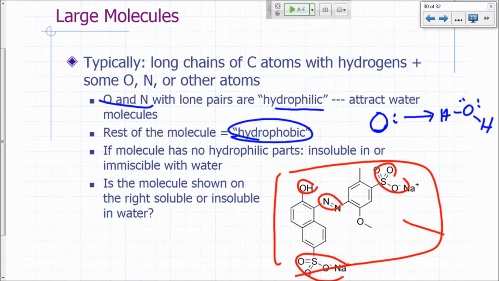And I think at some point in your life you've ingested a lot of these already. This is FD&C red 40. They use this as an artificial coloring, it's a food dye.